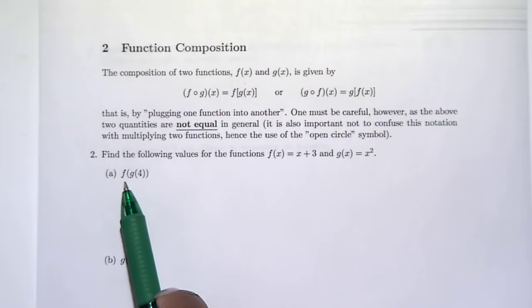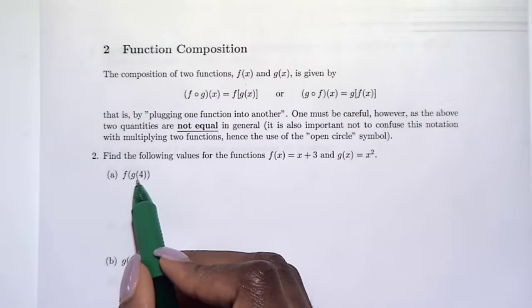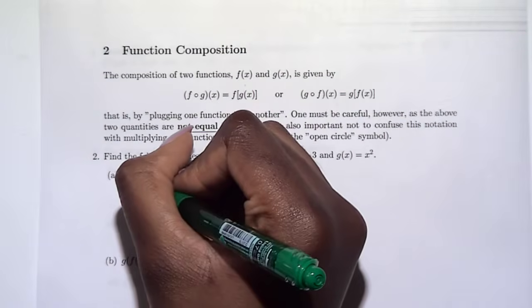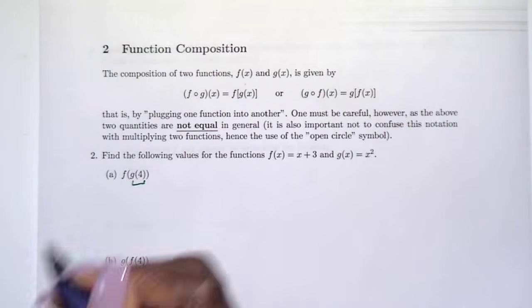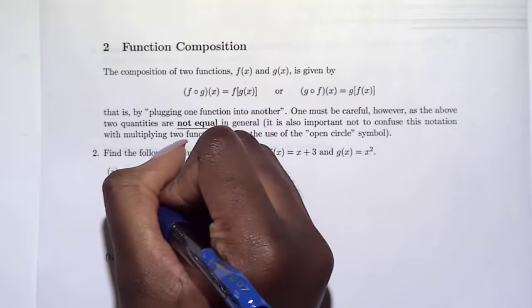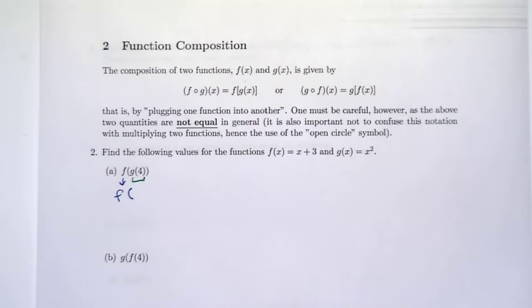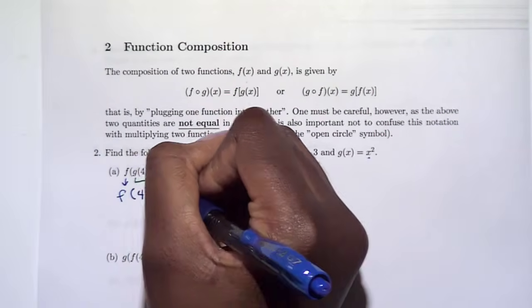But here we actually cannot break this apart like we did last time. We actually start from the inside and go out. So the first thing we want to do is find g of 4. So I'm going to bring my f down, and inside of f, I want to put g of 4, which was 4 squared.